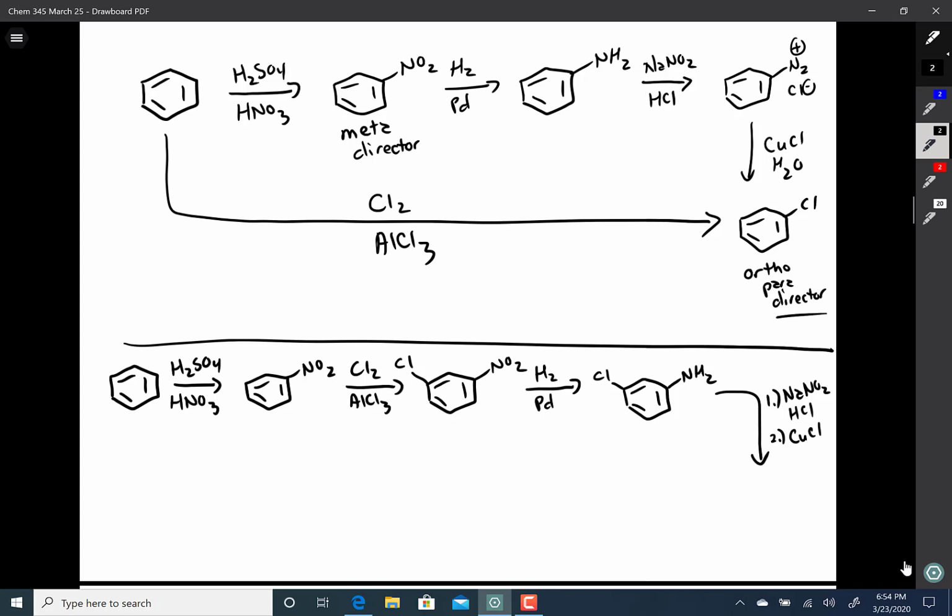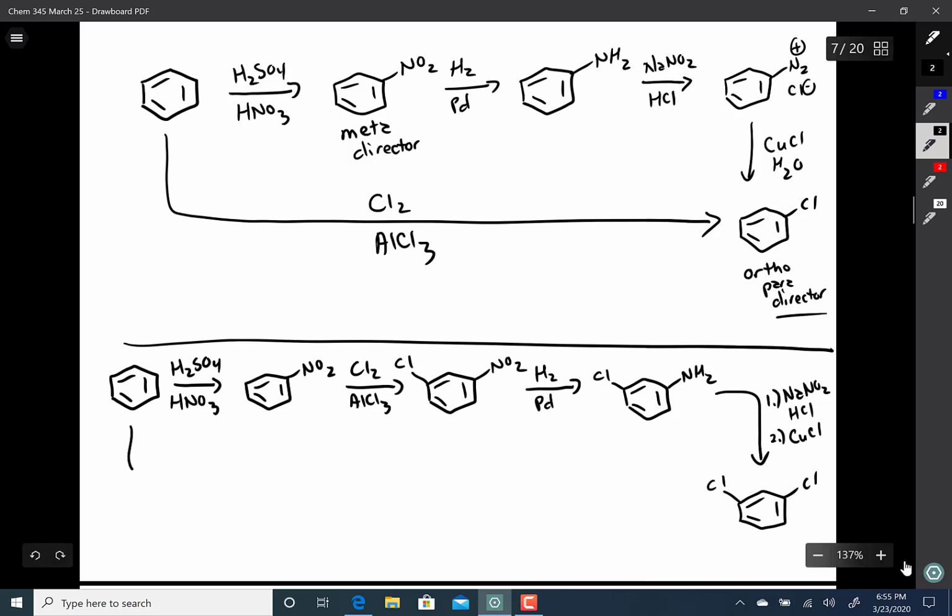And these two convert the NH2 into a Cl. And what we've done is we now have two ortho-para directors that are meta to each other.